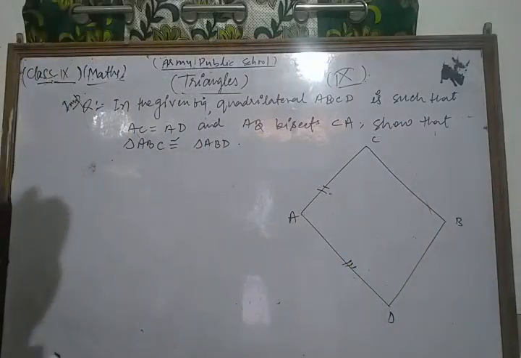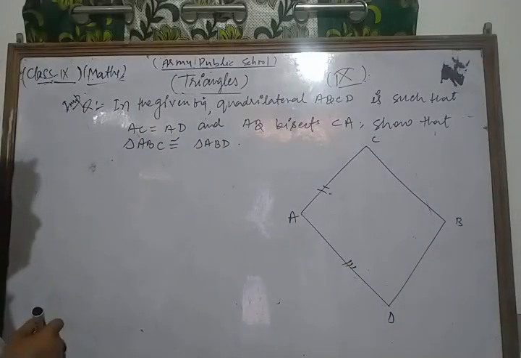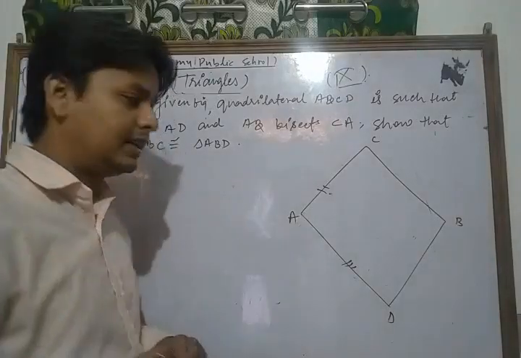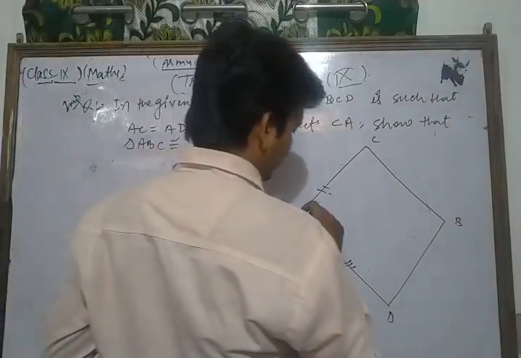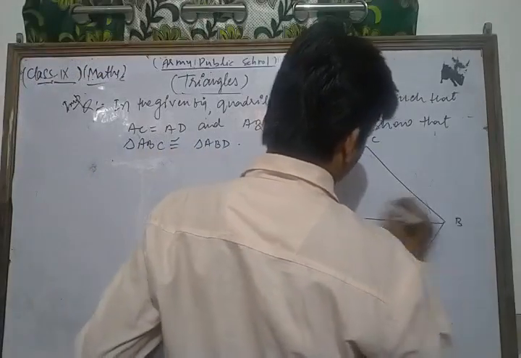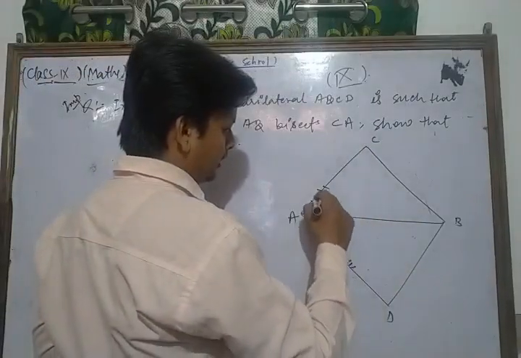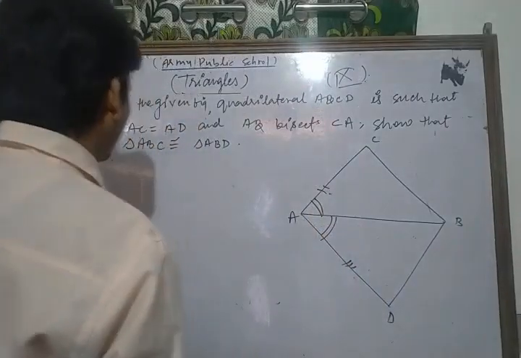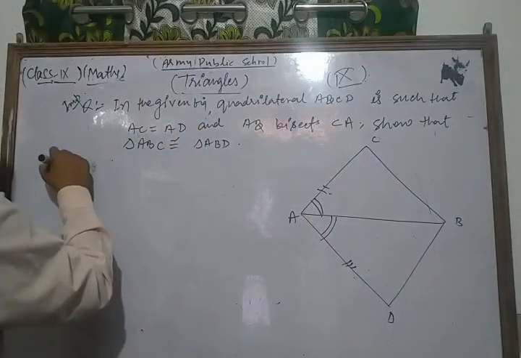And AB bisects angle A. AB bisects angle A means that this angle is equal to that one. So now let's see its solution.